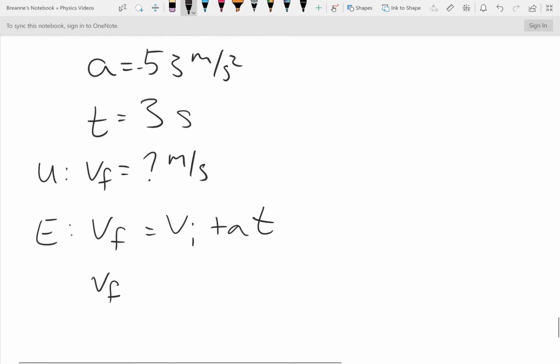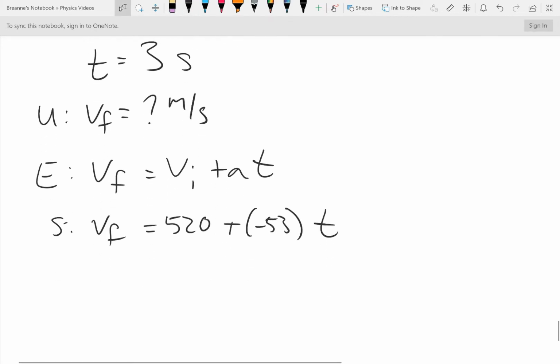We're looking for VF. Our initial is 520 plus our acceleration, which is negative 53, times time. Can't add or subtract, so we have to turn. Oh, nope. My brain went on autopilot there. We know time. I'm trying to say we don't know time. Our time is 3 seconds.